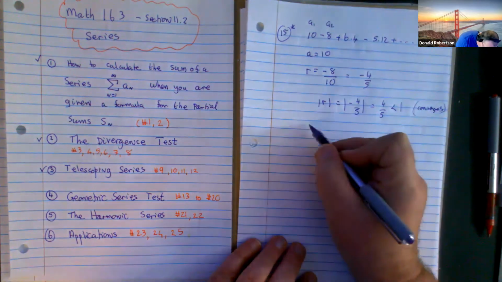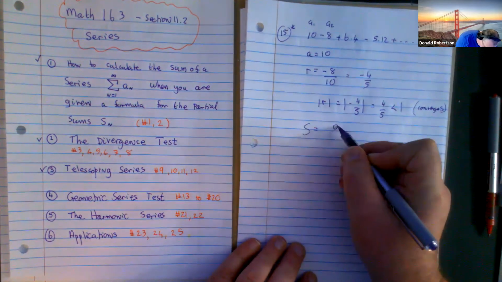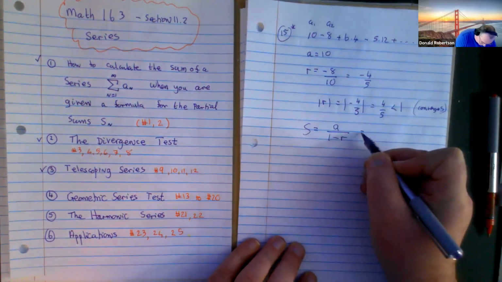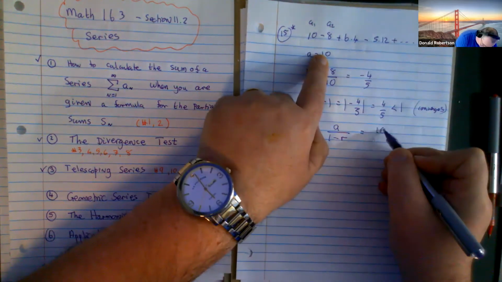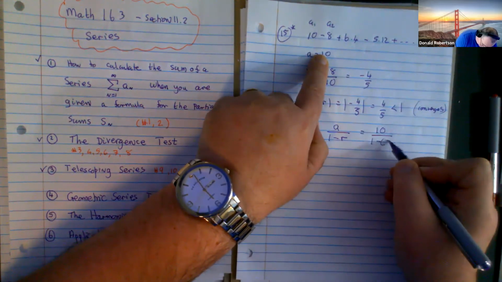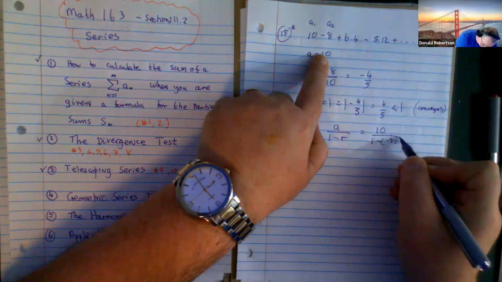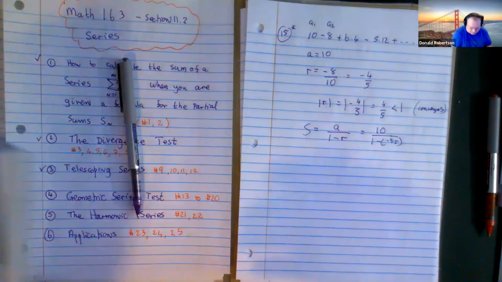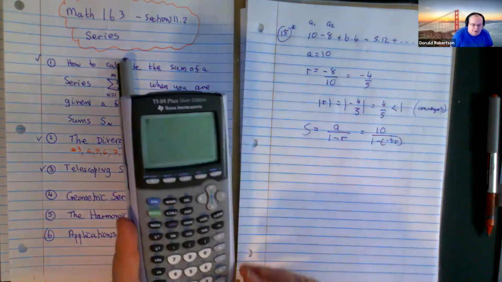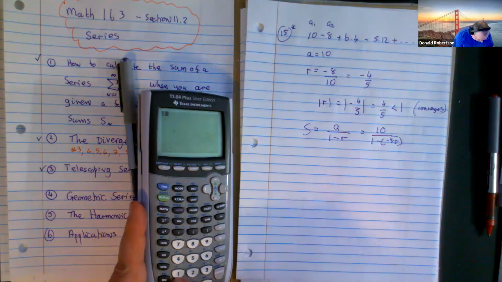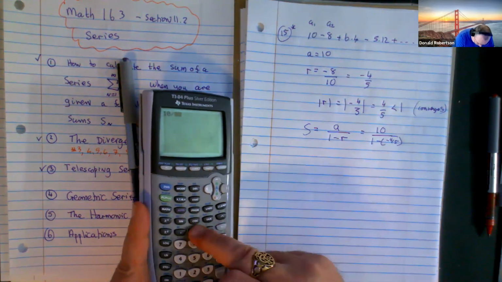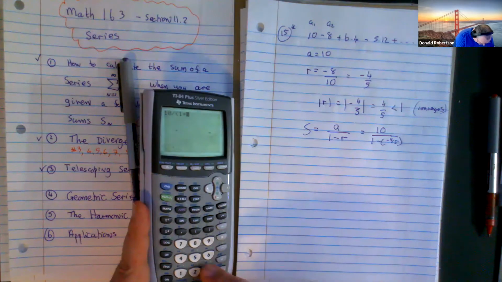Now, what does it add up to? Well, it's A over 1 take away R. So it's 10 over 1 take away -4/5, which is probably best done on a calculator, especially at this time of night for me. So I'm going to go 10 divided by, in brackets, 1 add 4/5.